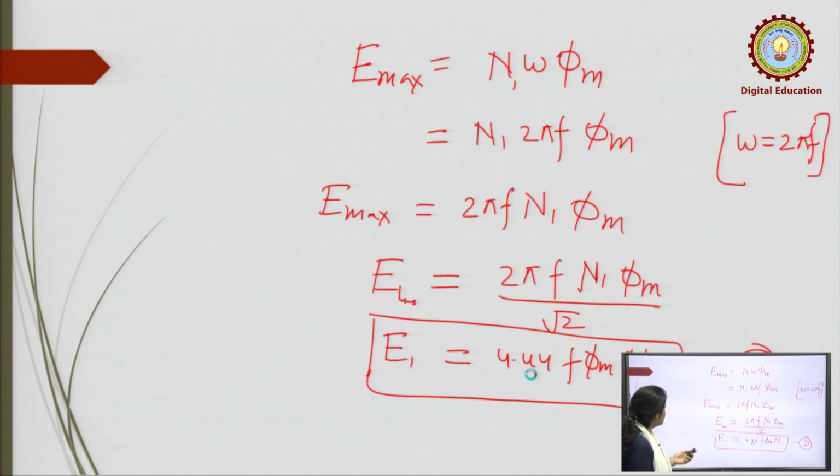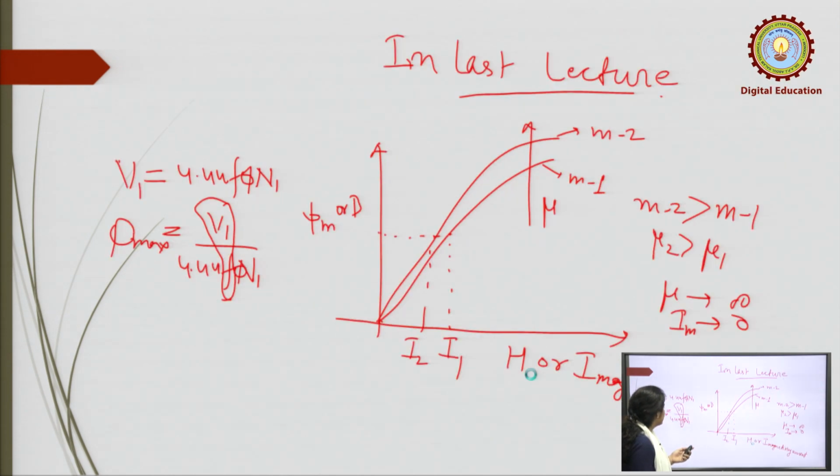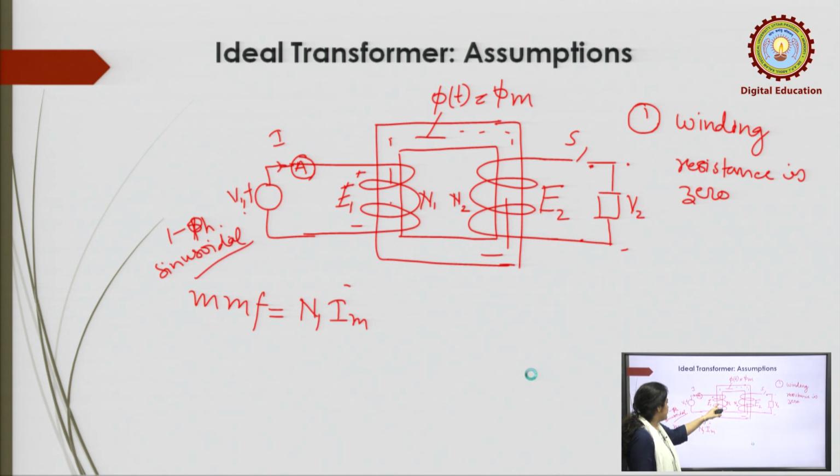And obviously, in this circuit you see that the polarity of E1 becomes like this: this point becomes positive and this becomes negative, according to Lenz's law, because E1 is produced in such a way that it opposes the cause of production. And this must satisfy KVL also.